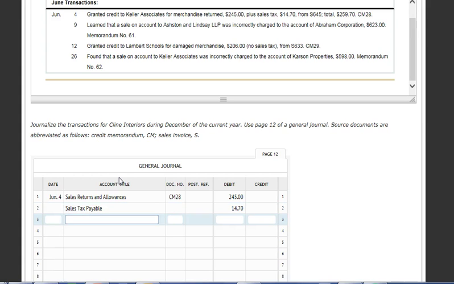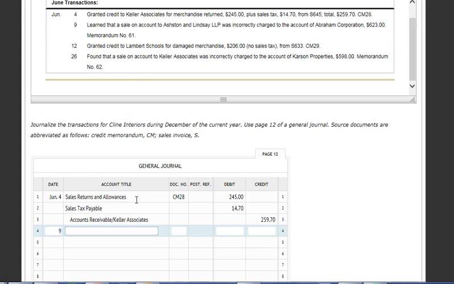And then this will be indented in accounts receivable, Keller Associates, for $259.70. And that's all for the June 4th one.